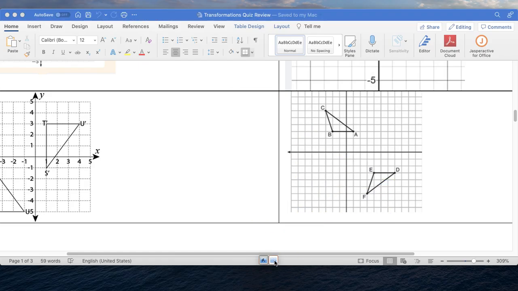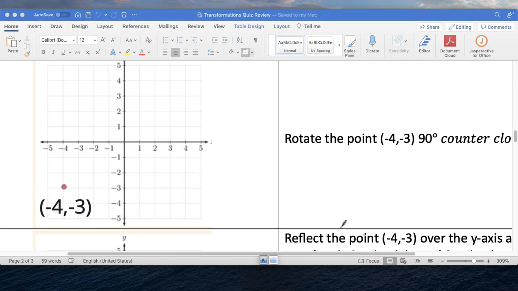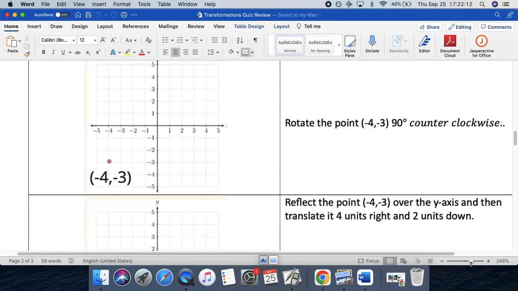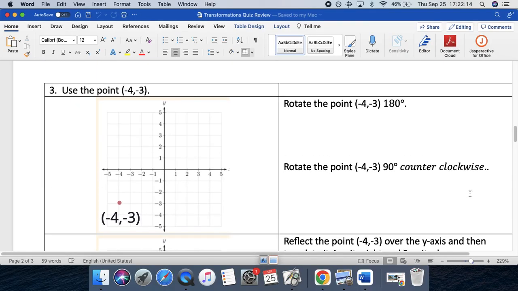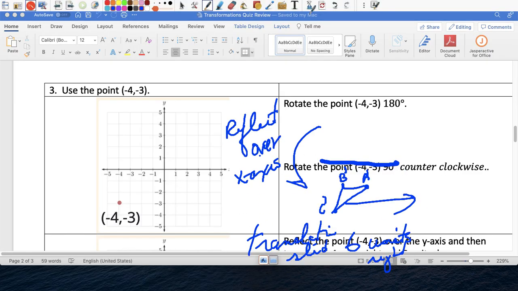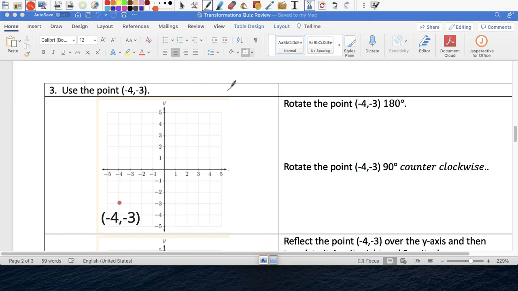Next one. Alright. So we're going to take the point -4, -3 and rotate. So if you rotate, let me just write quadrant 1, quadrant 2, quadrant 3, quadrant 4. Positive, positive.